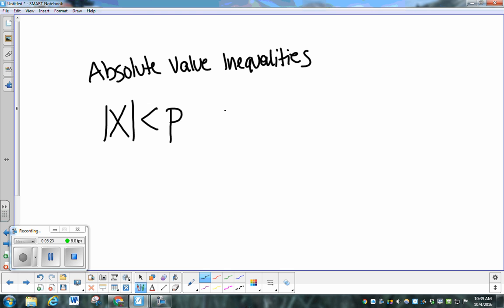So if we look at that on a graph, it would look like this. The distance from X to 0 has to be less than P units, so it has to be somewhere in here. Has to be less than P units away from 0. And then if we're going to write that in interval notation, it would look like this.